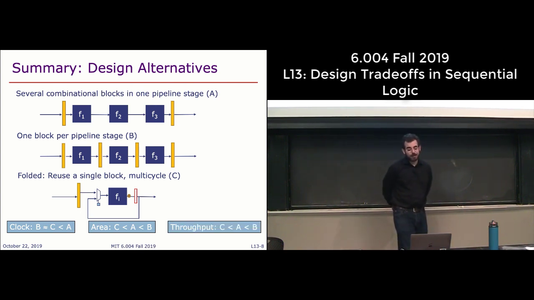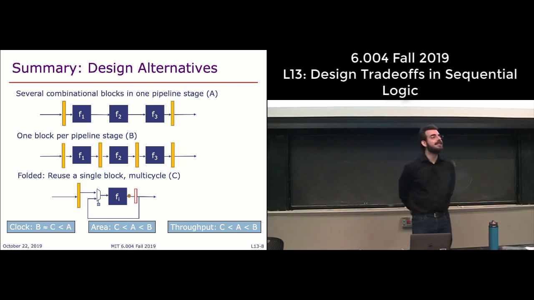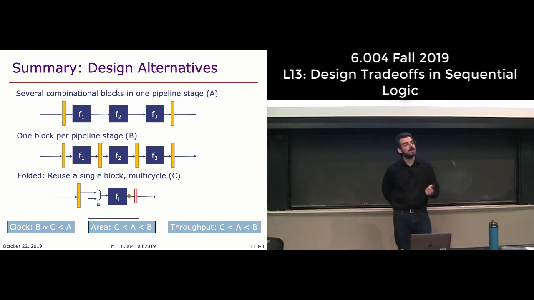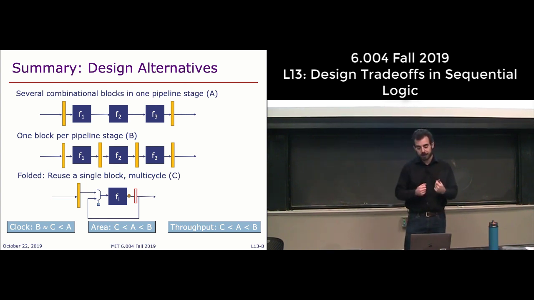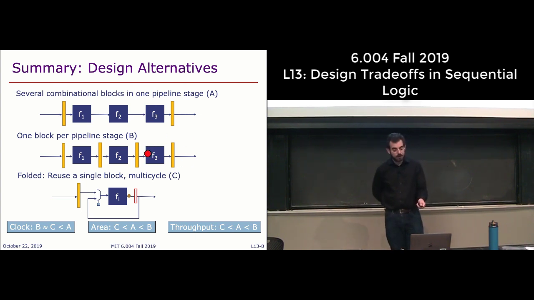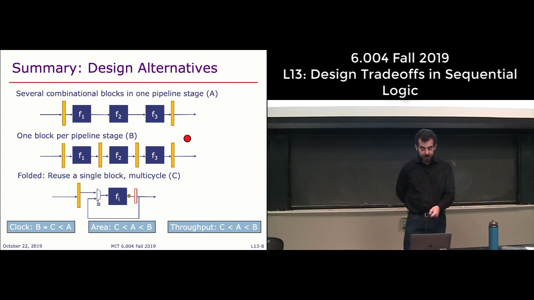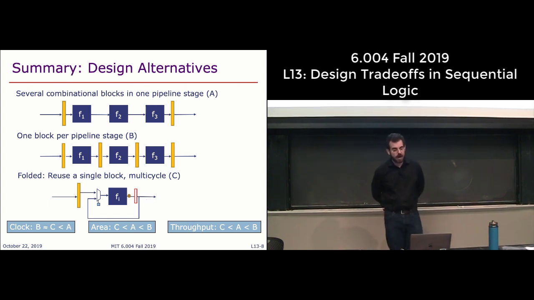Because it's the implementation that we can clock at the lowest clock period, so we can clock it the fastest, and so we can get more results per second out of this pipeline implementation. If the F blocks are about the same propagation delay, then this will be about 3 times as fast as A, and then C typically is a little bit slower than the combinational version.